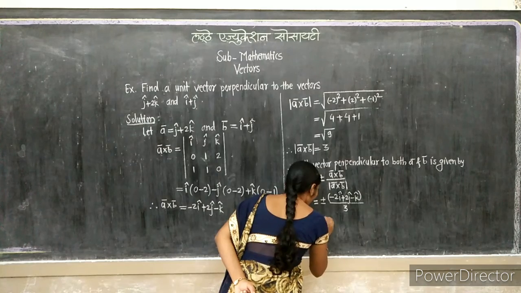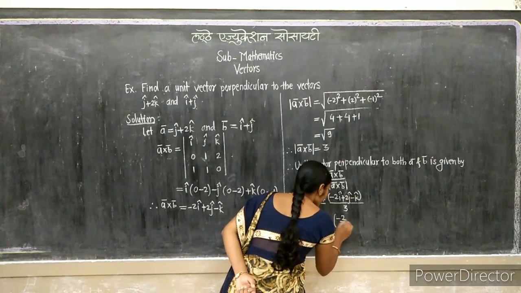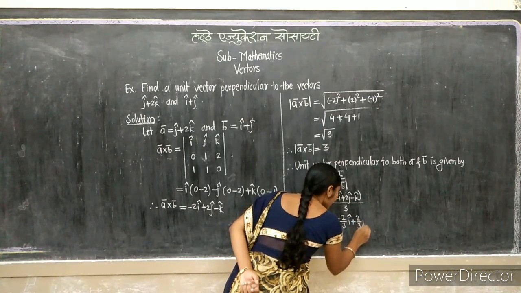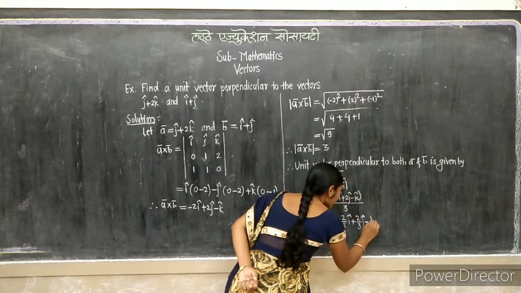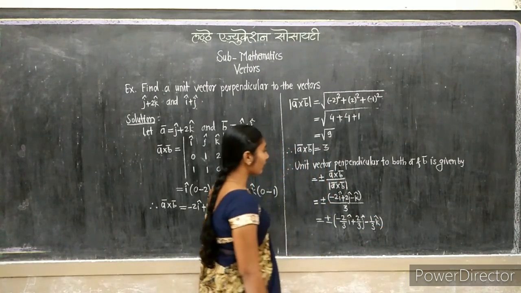Which is equal to plus or minus 2 by 3 i cap plus 2 by 3 j cap minus 1 by 3 k cap, which is the required answer.